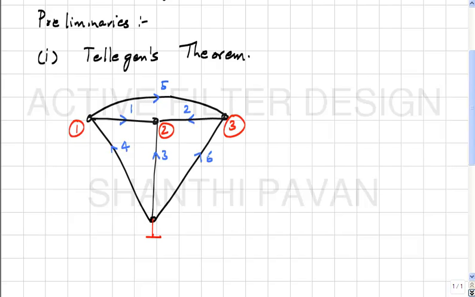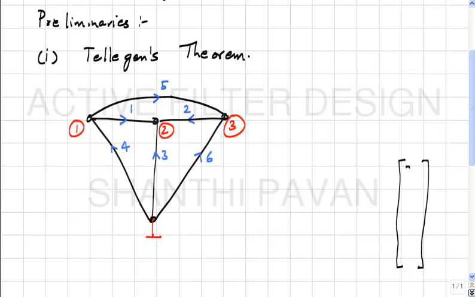Every branch is associated with both a branch current as well as a branch voltage, and at every node Kirchhoff's current law must be satisfied. So, let us write down KCL at every node. So, at node 1, what do you see? So, if I write it in matrix form, there are how many branch currents?